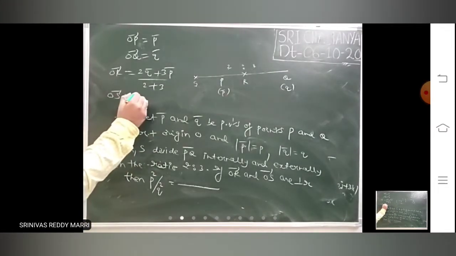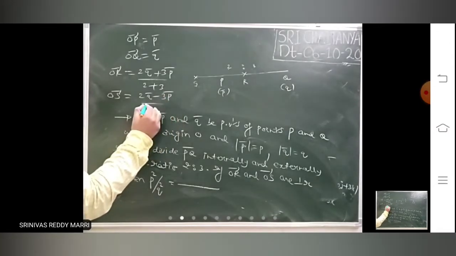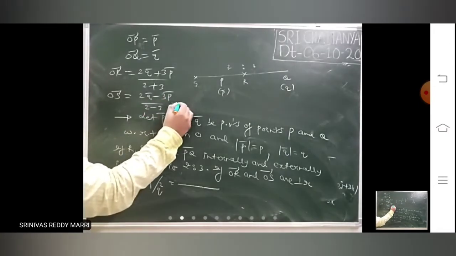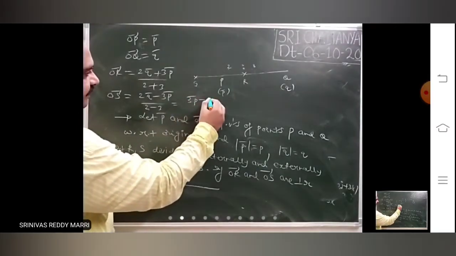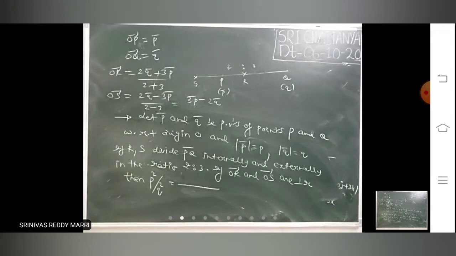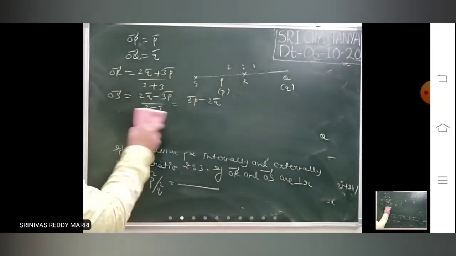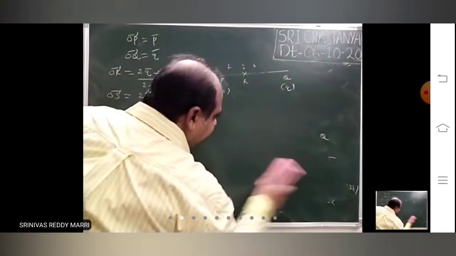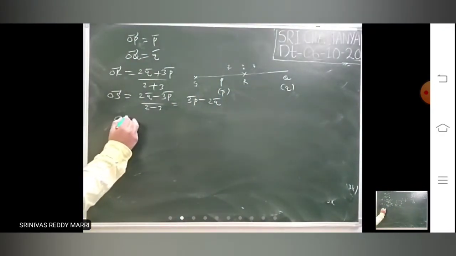So S means externally: 2Q bar minus 3P bar divided by 2 minus 3, that means this is minus 1, so 3P bar minus 2Q bar. Now you got OR bar and OS bar. They are perpendicular, which means the dot product is 0.